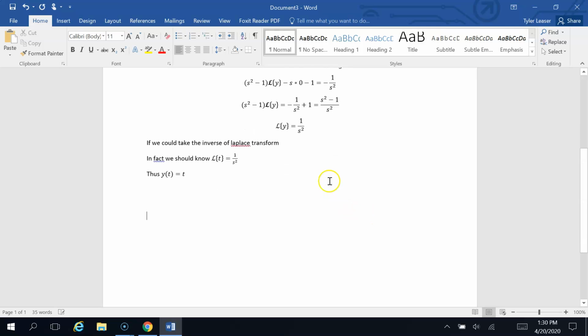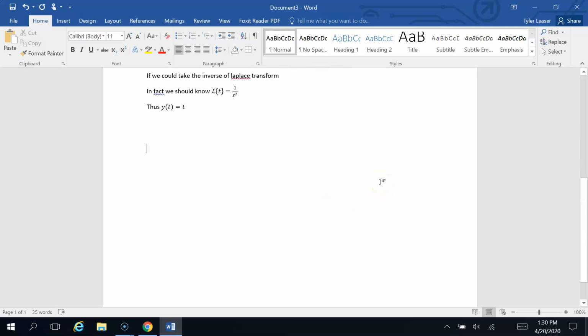All right. Before we get to more examples, let's just write out a few things. So a definition here. Given a function, now remember this capital F of s represents the Laplace transformation. So this is the Laplace transformation of some function.